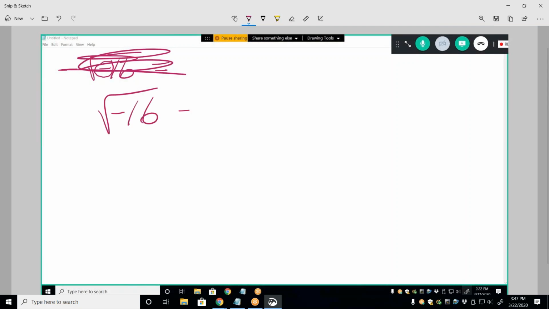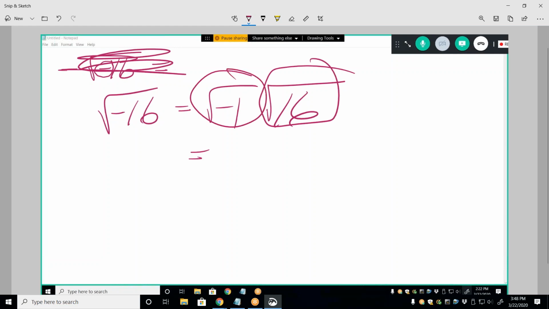What I'm trying to get at is you always take out a square root of negative 1 as your first step. Leaving what else? Square root 16. Okay. And that is 4, and that is i. So that would be 4i.